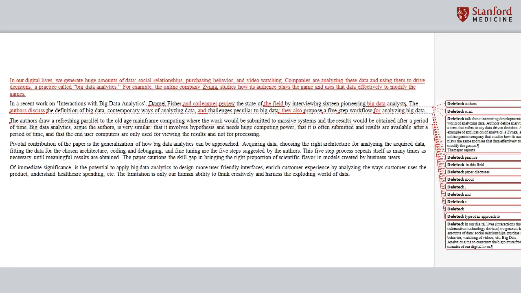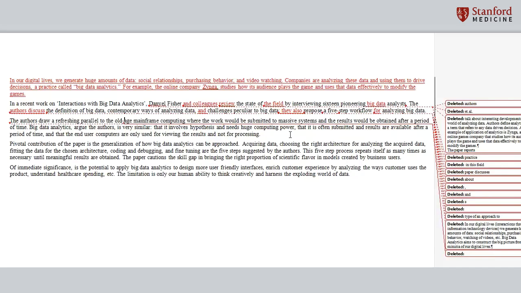So then I'm going to set this next idea, this parallel with old age mainframe computing, off as a new paragraph. So this has a nice idea that the authors draw a refreshing parallel, that's a nice way of putting it, to the old-age, that needs a hyphen there, to the old-age mainframe computing, where the work would be submitted to massive systems and the results would be obtained after a period of time.